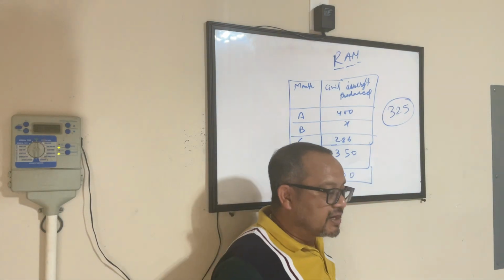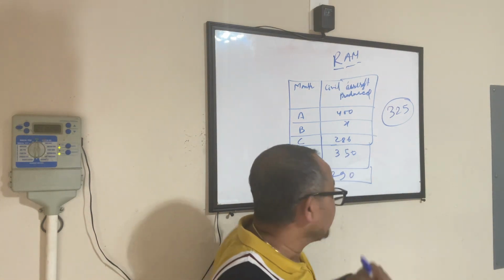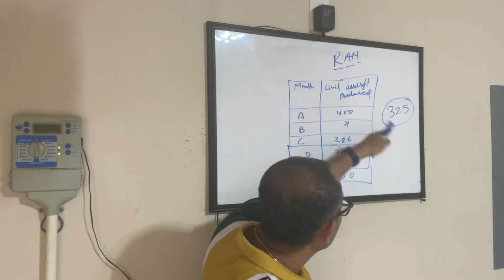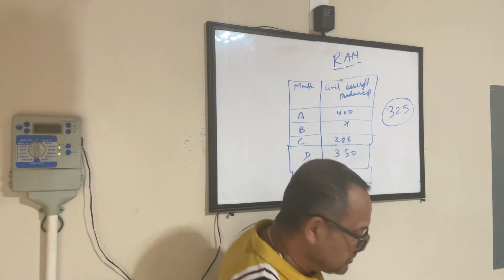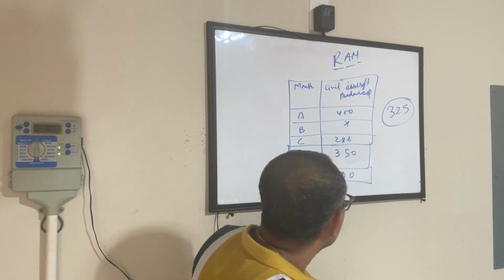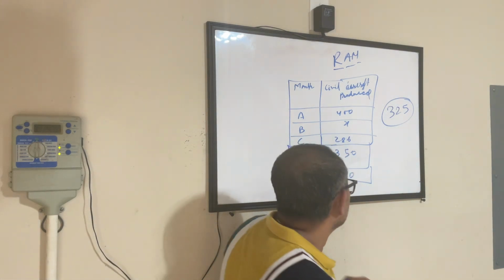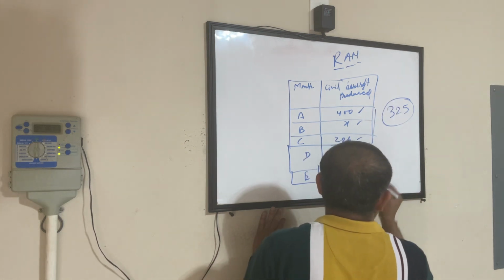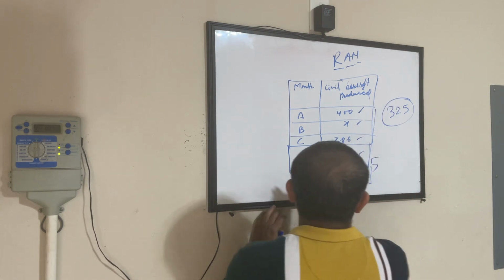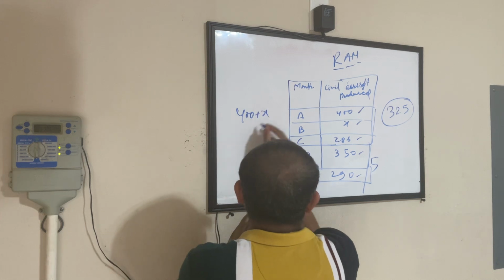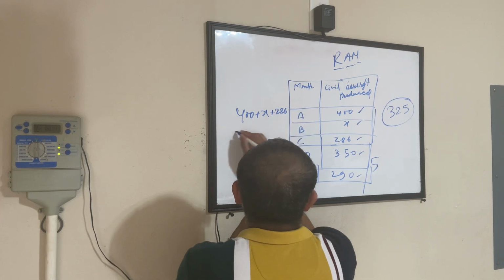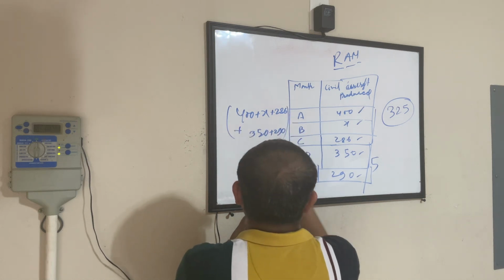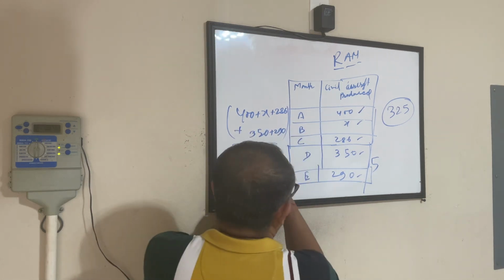Like the way Riya explained, this is 5 months data and this one is not known, but you are given the mean. If you have some data given, mean is nothing but the average of that. So you have this plus this plus this plus this plus this divided by 5, because you're talking about 5 records. So 400 plus x plus 286 plus 350 plus 290, this whole thing divided by 5 would be the mean, and that value is given here.